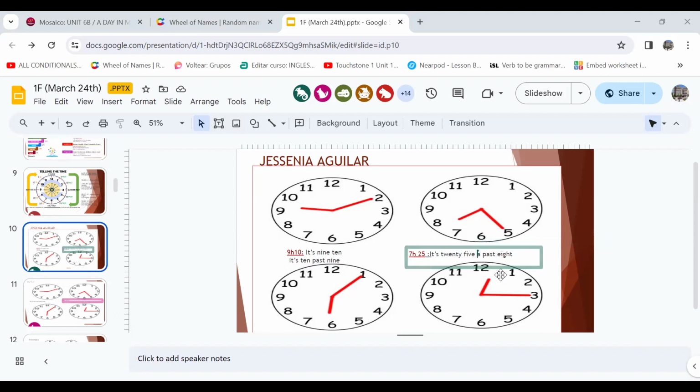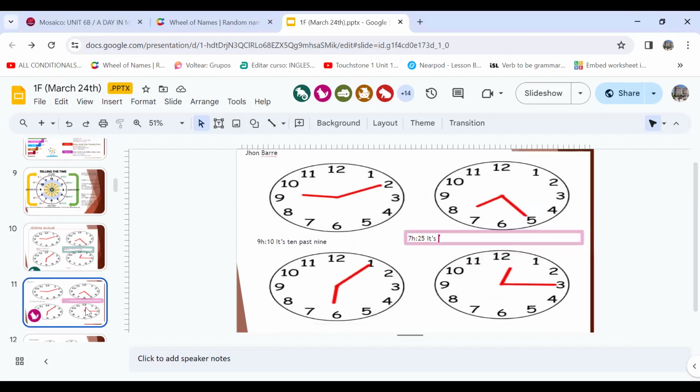It's 25 pasado de las 8. Acuérdese que no son 7:25. Son 25 minutos pasado de las 7, no de las 8. Ok, corrija. It's 10 past 9.